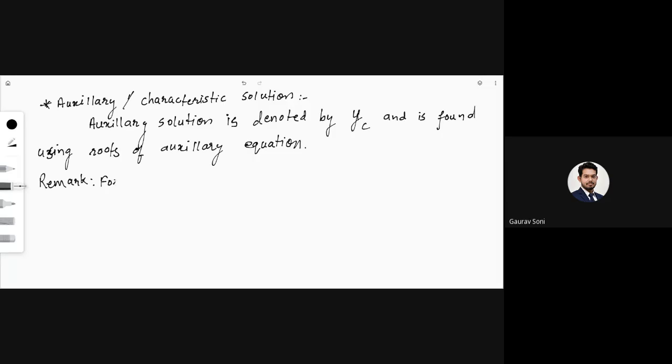For a linear differential equation, which looks like phi of d acting on y is equal to f of x, the auxiliary equation is phi of d equal to 0.